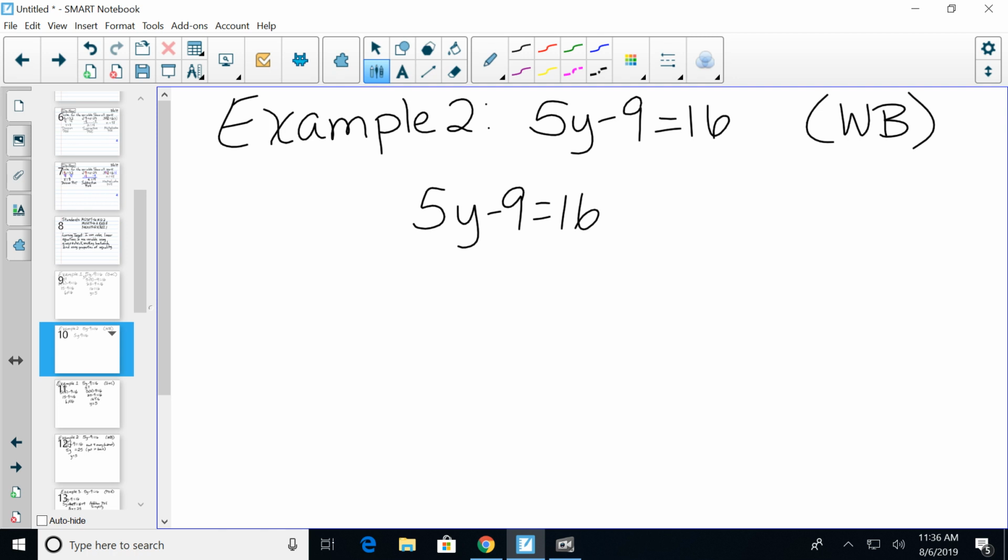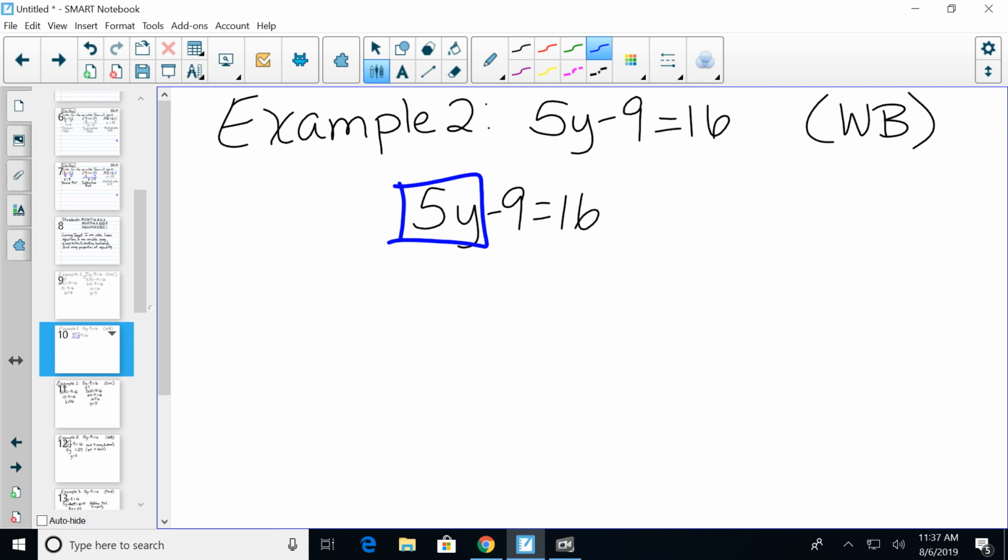And what did we do to the term that has the variable? We're not switching anything. So this is the term that has the variable.